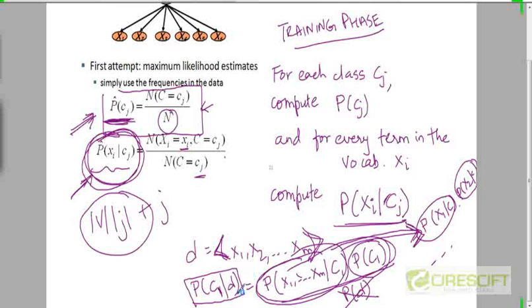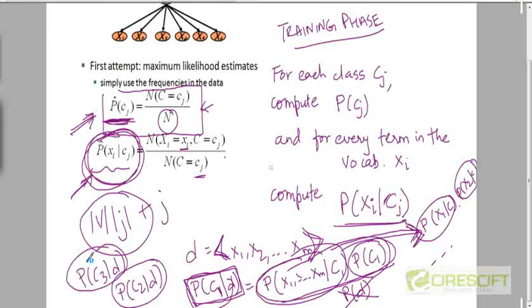But we are not concerned here about the actual value of P of C1 given D. We are only interested in the relative order of the values of P of C1 given D, P of C2 given D. We just want to find out which of these different values is the highest.